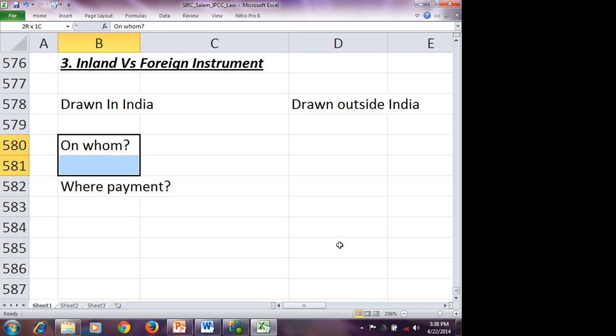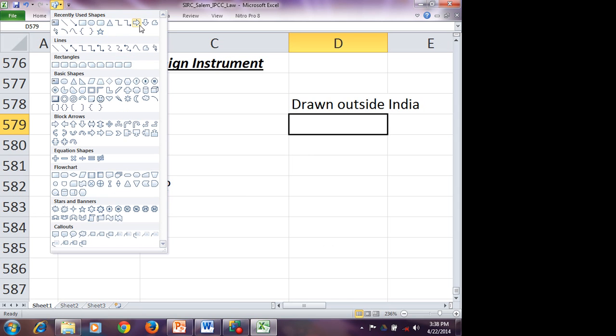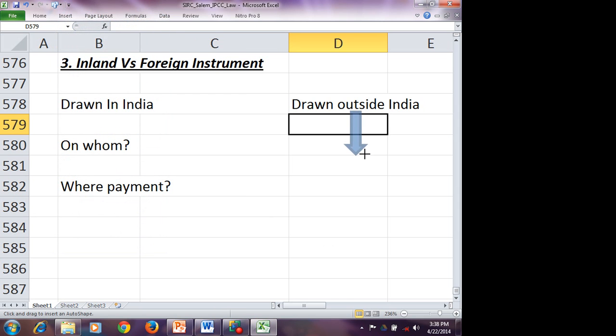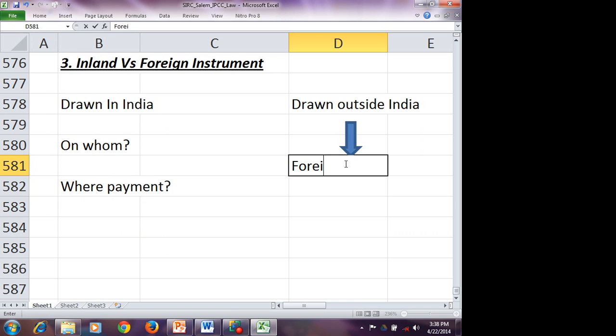If it is drawn in India, then ask these two questions. Drawn in India, on whom? And made payable where? If it is drawn outside India, close your eyes, straight away say the instrument is a foreign instrument.